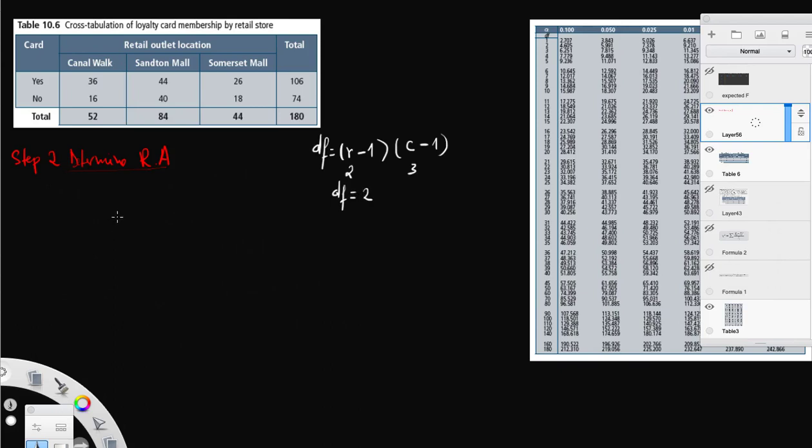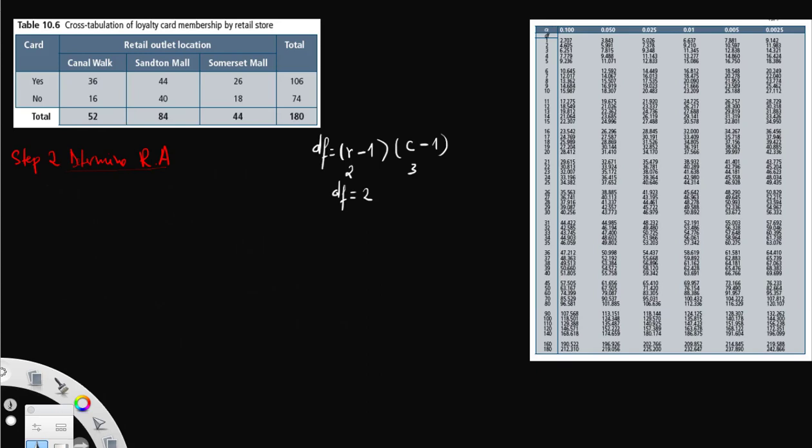Because we have degrees of freedom of 2 and alpha equal to 0.10 because it's 10%, we just go to our table with 2 and 0.10. It's just straight in front of us here. So it's this value here.